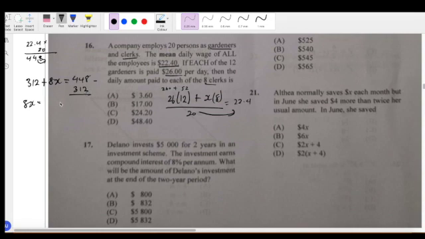So 8 minus 2 is 6, 4 minus 1 is 3, and then 1. So x is equal to 136 divided by 8.